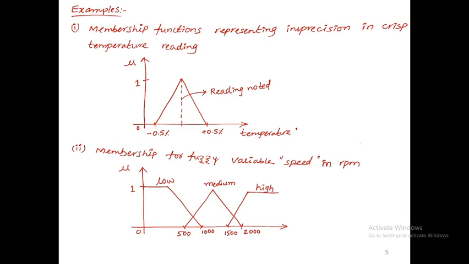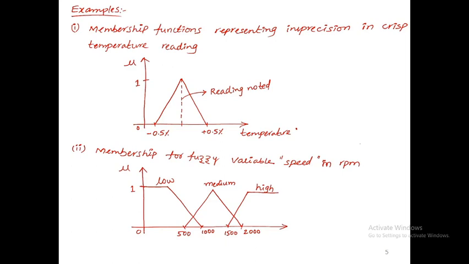Here I have provided that if the reading is less than the noted reading, there is a maximum of 0.5 percentage of deviation, and if it is greater, there is also a maximum of plus 0.5 percentage change in the temperature.